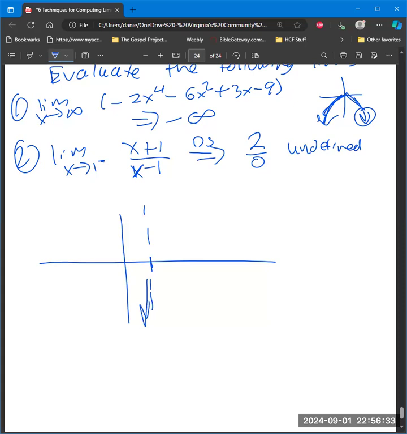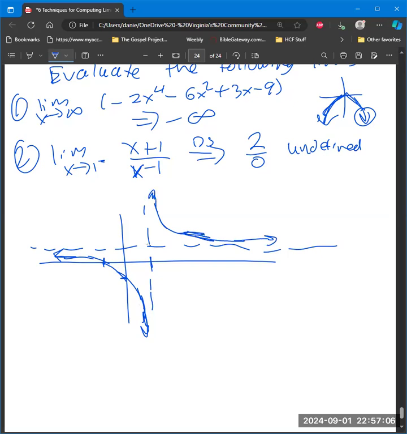Down here, this is going to go through -1 and cross at -1, like that, and get close to 1 down here. And this piece is going to be a reflection up here, a reflection over that point.